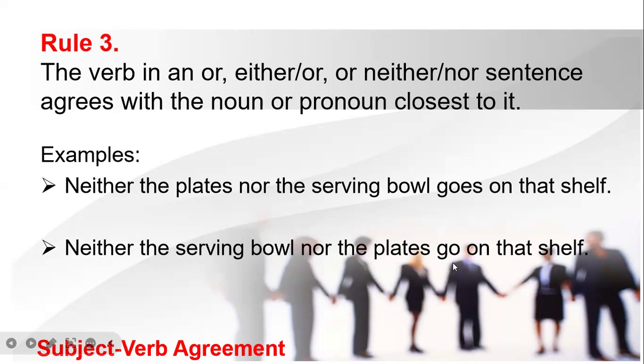So again, you have to check the closest one. According to the closest one, you have to decide whether you are going to use a singular verb or a plural verb when you have or, either or, neither nor in your sentence.